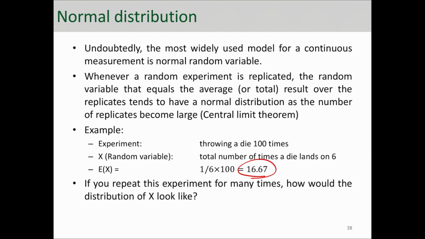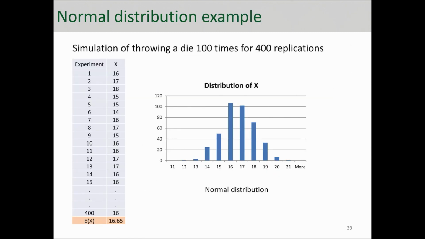But the more important observation is that if you were to graph the histogram of this random variable, you would see that it behaves like a normal random variable, right?